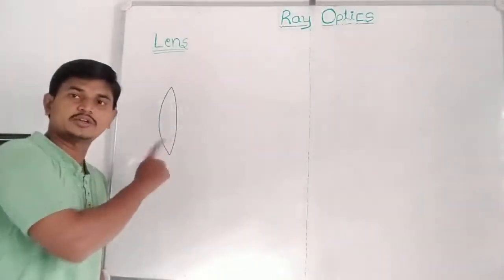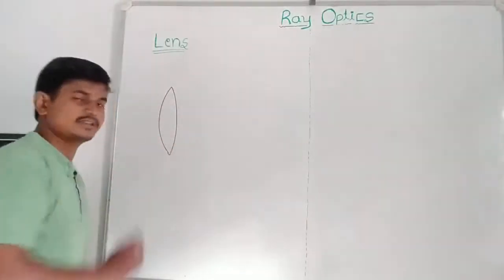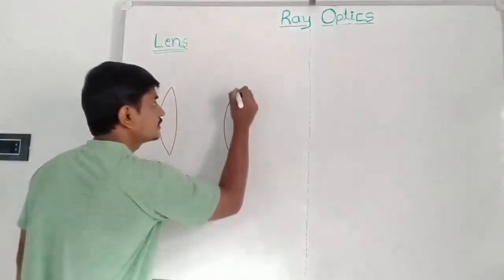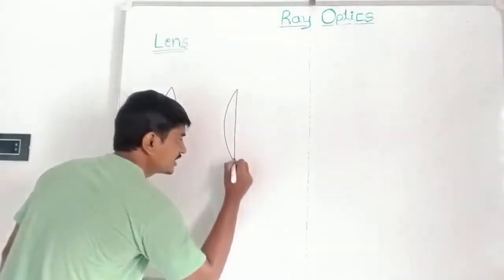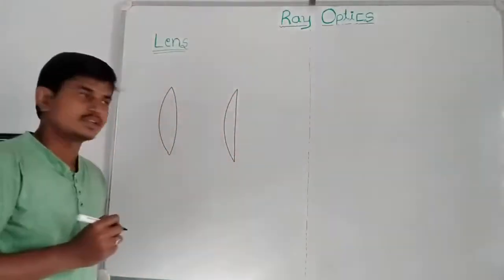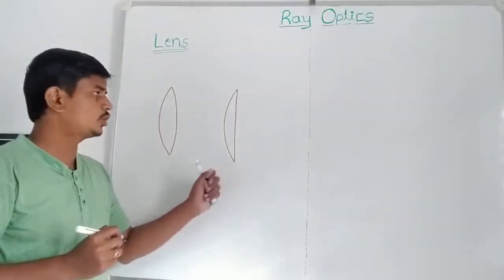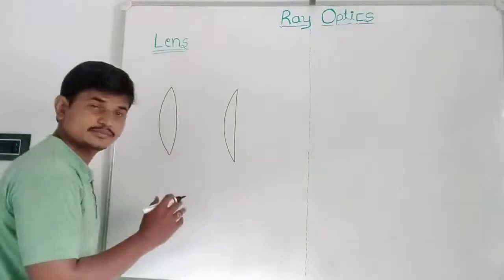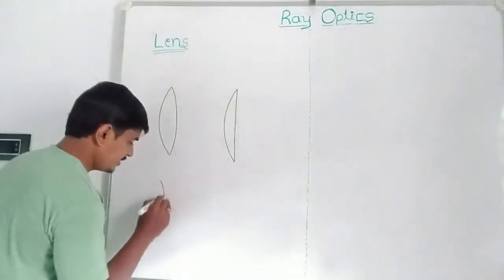This is a biconvex lens. Or one side is spherical, another side is plane. This is a plano-convex lens.